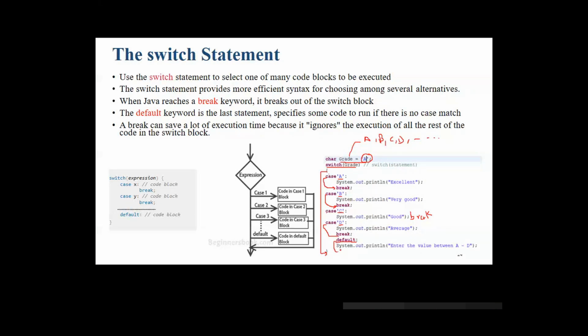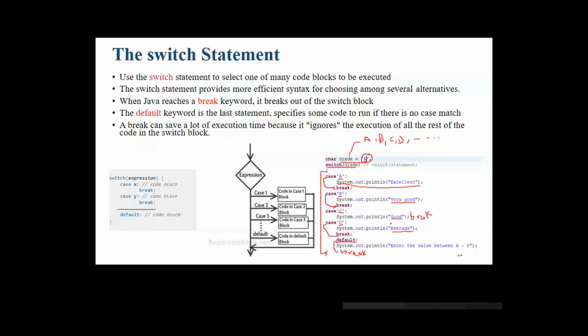Now, what will this one print? It will print this one, because grade is equal to A here. If grade is equal to B, it will print this. If the grade equals C, it will print good and average together.